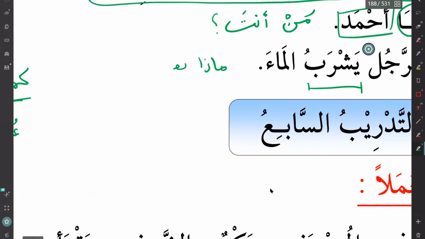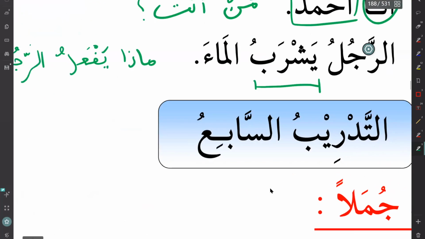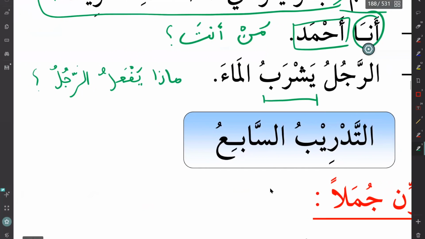Mada yaf'alu ar-rajulu. What is the man doing? Anytime you're asking about some kind of action, what somebody's doing, you'll be using mada. You cannot say ma yaf'alu ar-rajulu. That would be wrong. You have to say ماذا يفعل الرجل. Make sense?